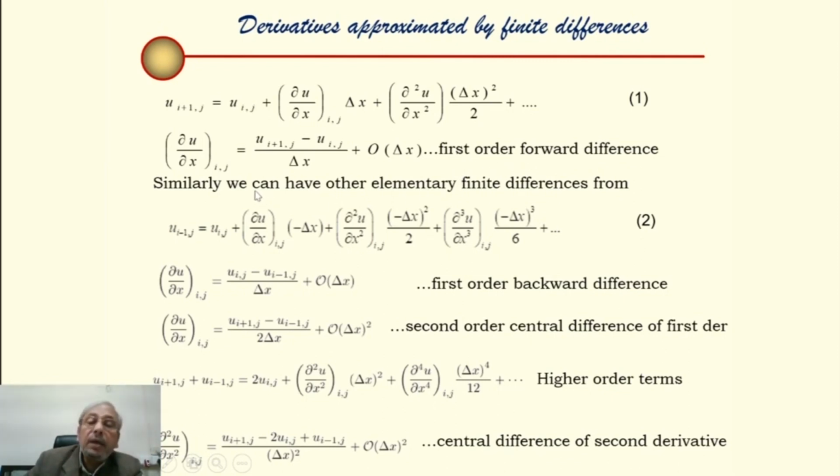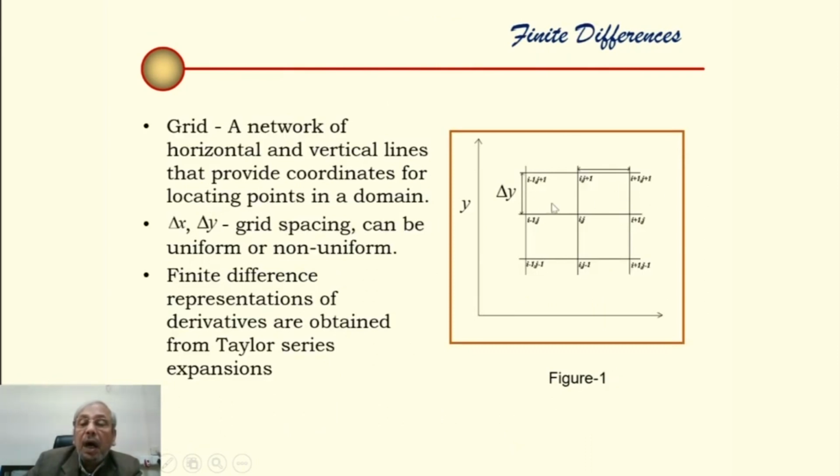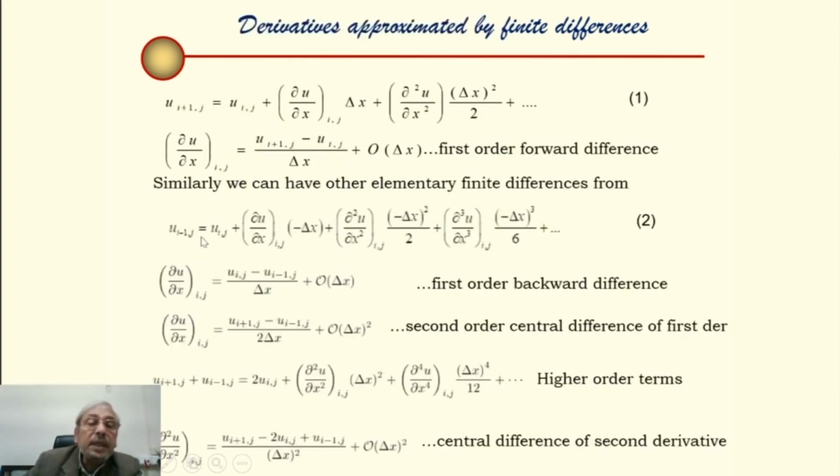Similarly, we can also write Taylor series expansion involving the i-1,j point. Then u(i-1,j) is u_ij, again plus del u/del x at ij multiplied by minus delta x plus del 2u/del x2 at ij multiplied by minus delta x square by 2, del 3u/del x3 at ij minus del x cube by 6.